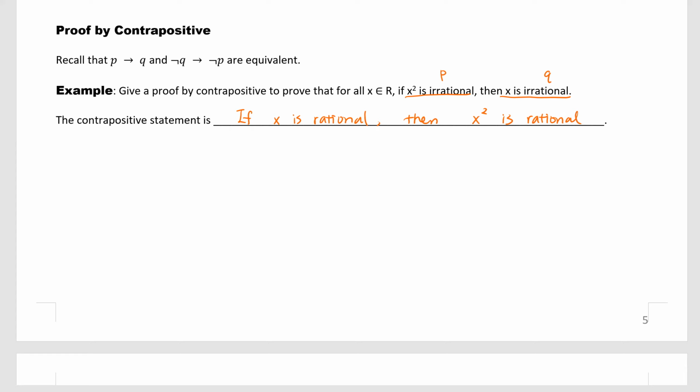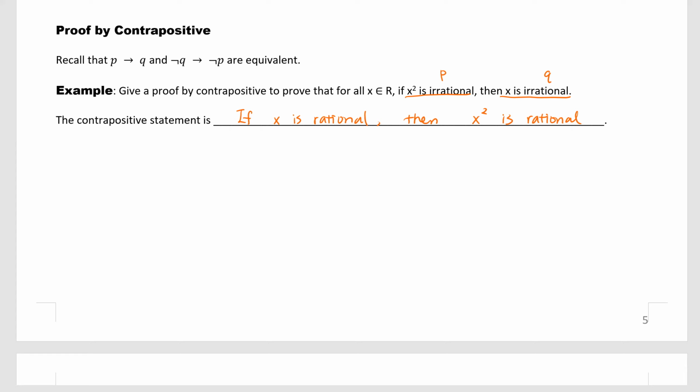So far, so good, everybody? In this case, proving the contrapositive statement is much easier. Think about the original one, where x squared is irrational. We do not have a way to describe irrational numbers. But for rational numbers, we know it's p over q.